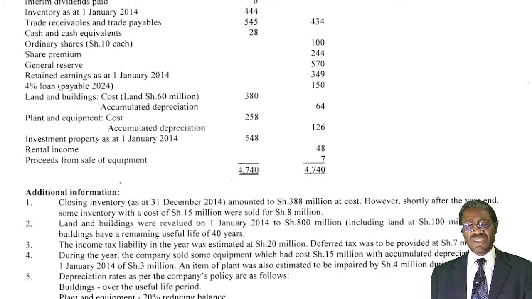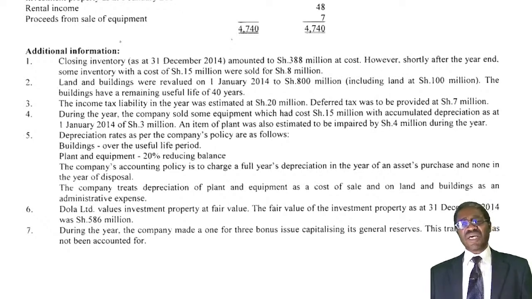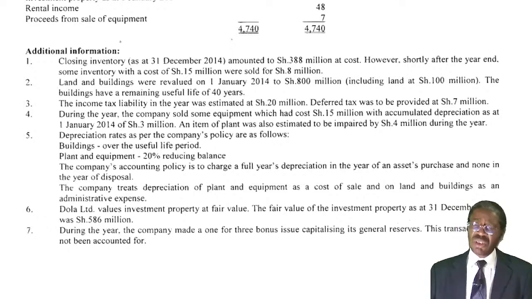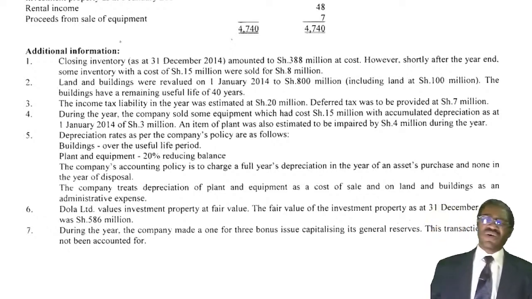Note number 3, what does it say? It says the income tax liability in the year was estimated at 20 million. That is just information. We shall use it as the amount of the corporation tax, or what you normally call current tax.